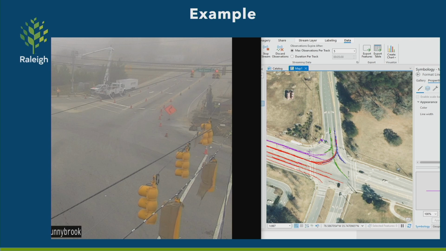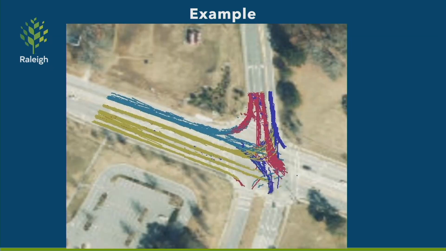And I got really scared because this approach is actually going into the southbound lane. I was like, oh, we're all calibrated wrong, until we brought up the video on the left and saw that there was construction happening. So this was an affirmation that we were getting close to valid information.